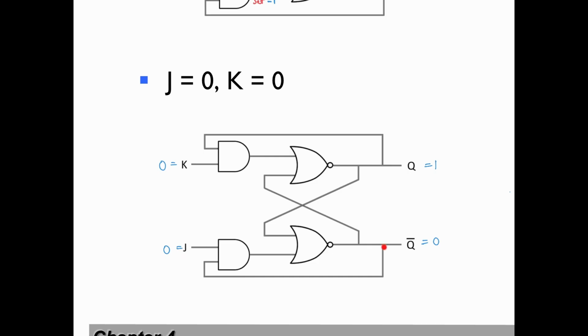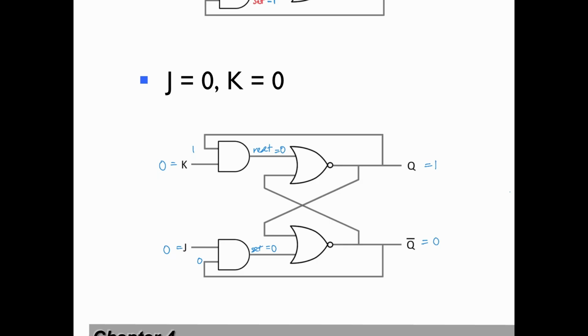Now, the output here is fed back to the AND gate input, so the set is put to a 0. Then the Q is a 1 here, so the reset is also a 0.